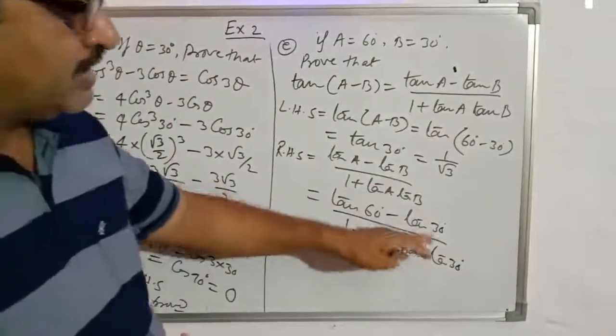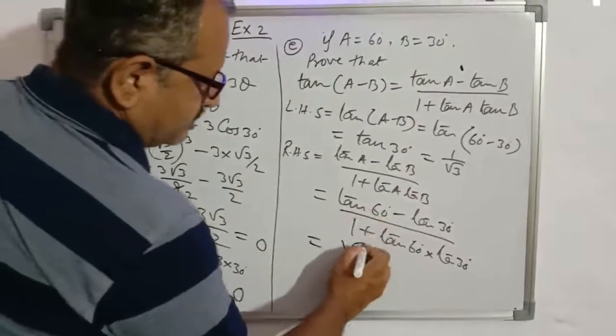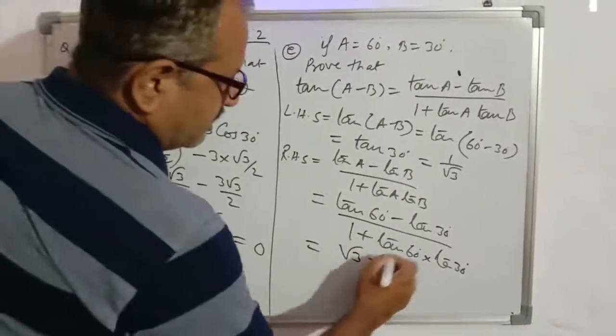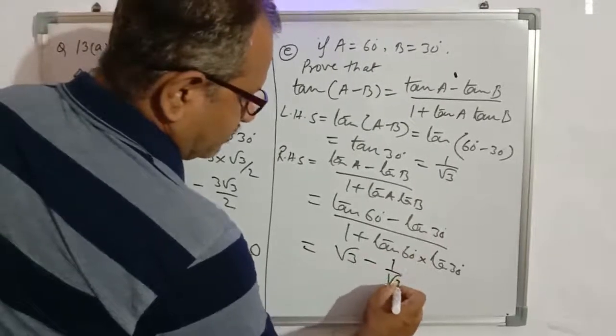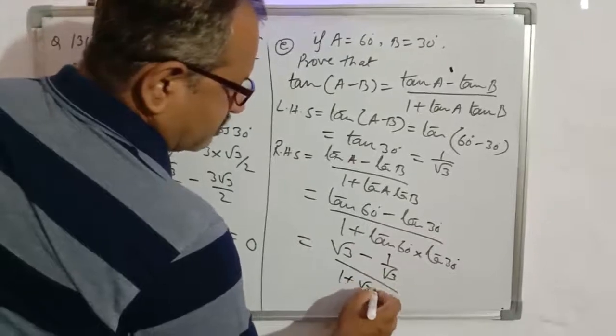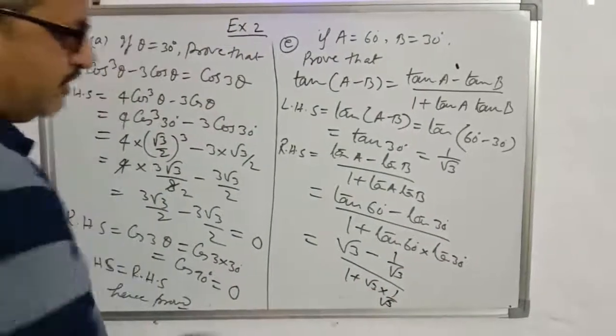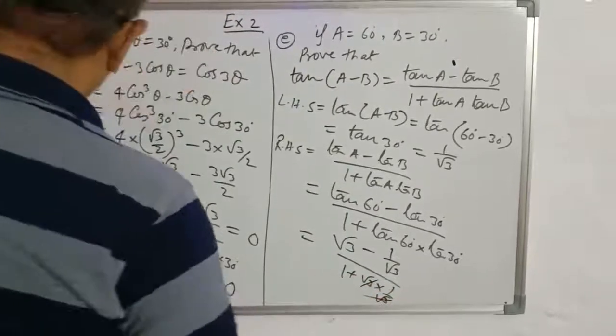A is 60 degree, B is 30 degree. Write the values. Tan 60 value is root 3. Tan 30, 1 by root 3. 1 plus tan 60, root 3, tan 30, 1 by root 3. So we can cancel this root 3, root 3.